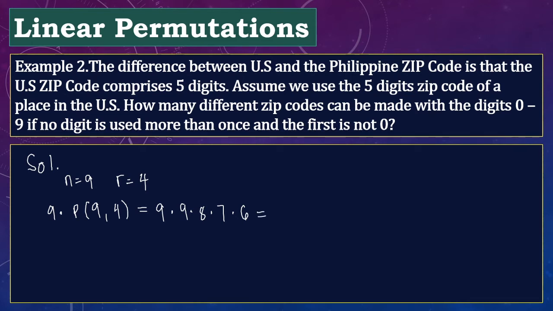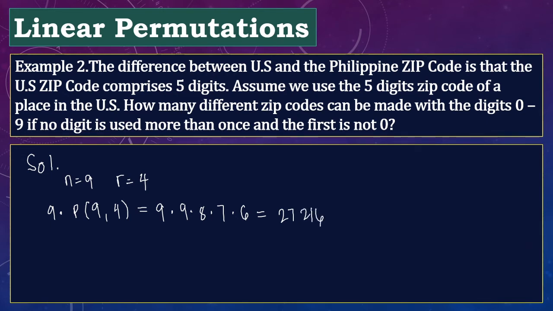Okay, so let's multiply. 9 times 9 times 8 times 7 times 6 is equal to 27,216. Okay? So, ayan.